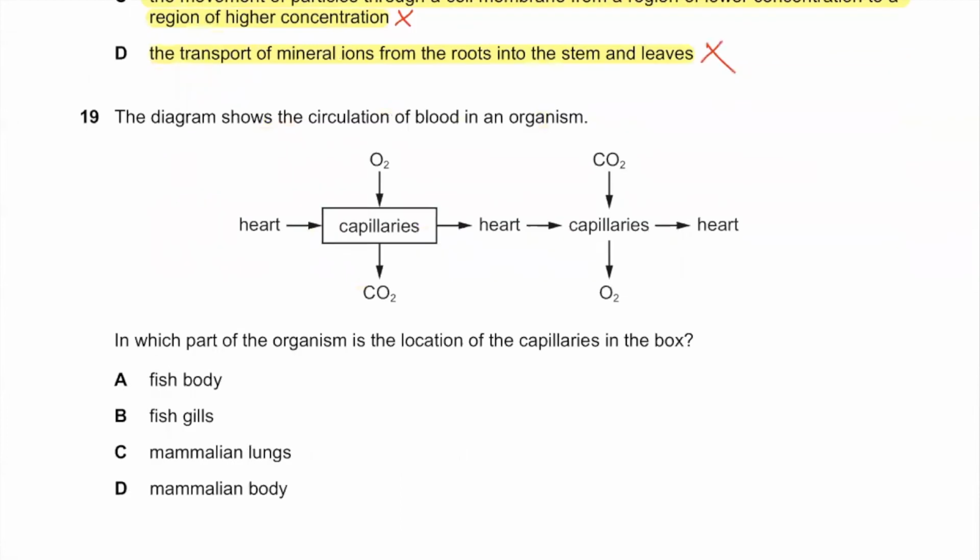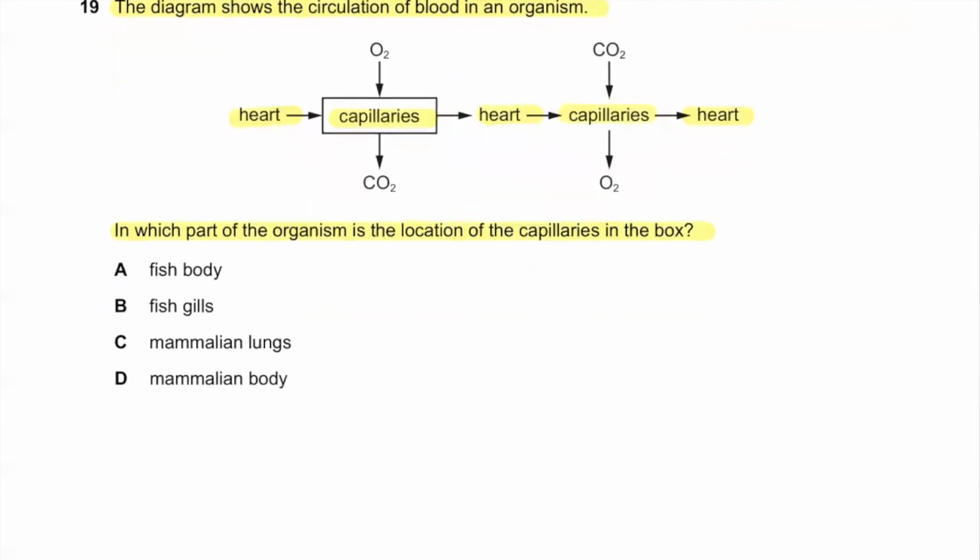Question 19. The diagram shows the circulation of blood in an organism. We can see heart to capillaries to heart to capillaries to heart. In which part of the organism is the location of the capillaries in the box? From the heart, it goes to capillaries. Then from there, it goes to the heart, and then it goes to capillaries. We can see oxygen is coming in here and carbon dioxide is getting out.